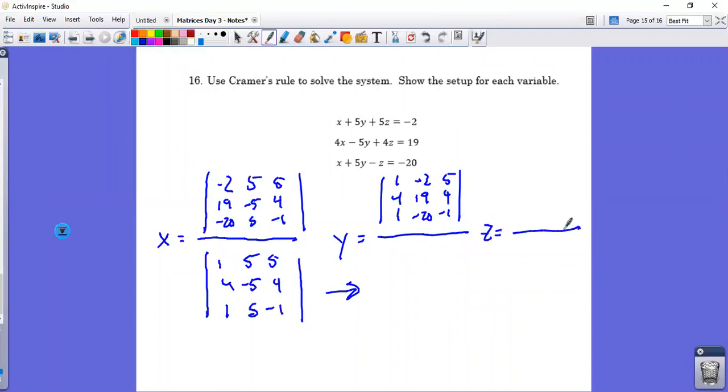So then z, that denominator is the same, but now the 1, 4, 1 for the x's stays the same. The 5, the -5, 5 stay the same. It's the -2, 19, -20 for the numerator. And when you divide those, you get each one.